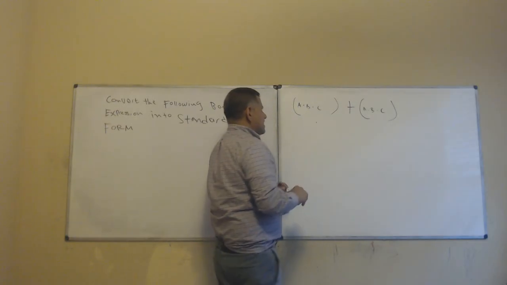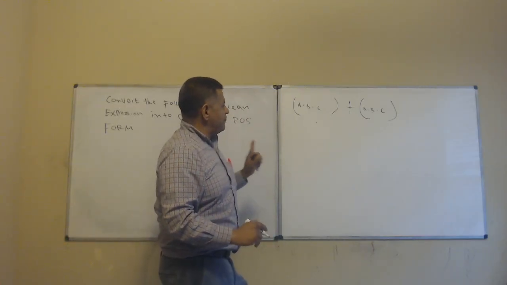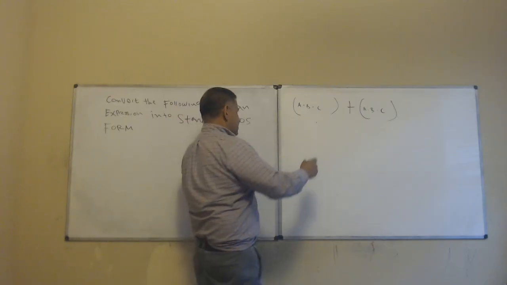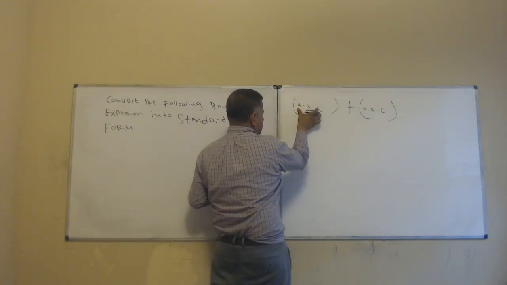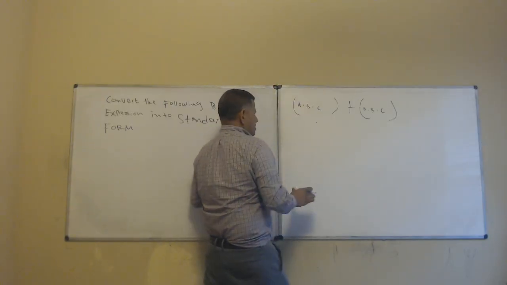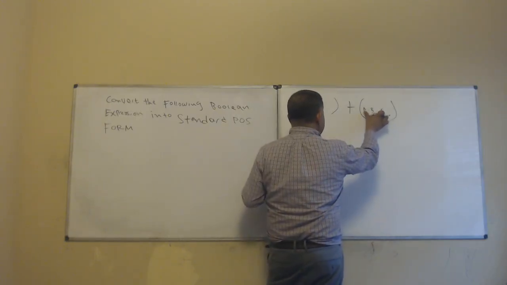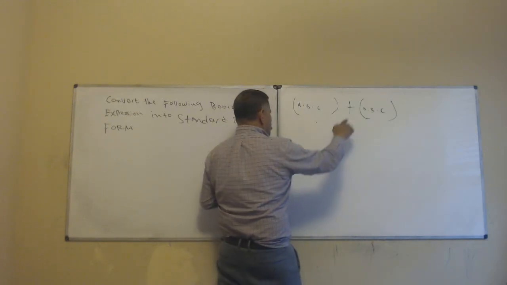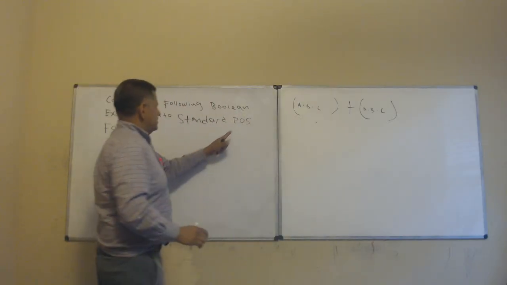This actually is like multiplying, but with the difference that we're using the AND gate, the AND operator. Now we're doing the opposite. We're changing this to get the POS.